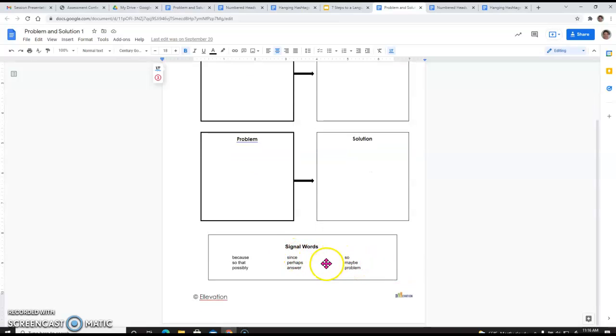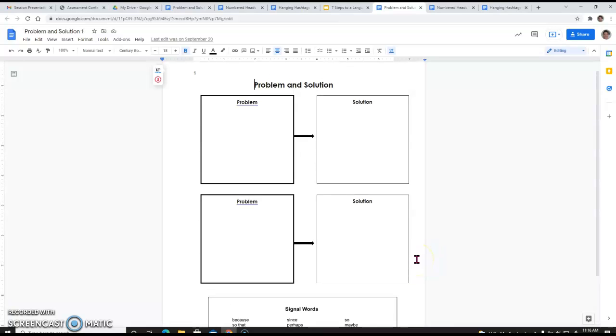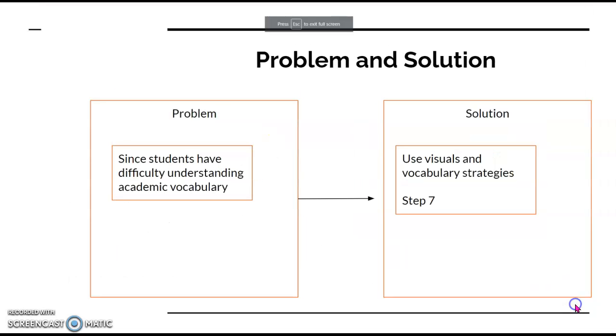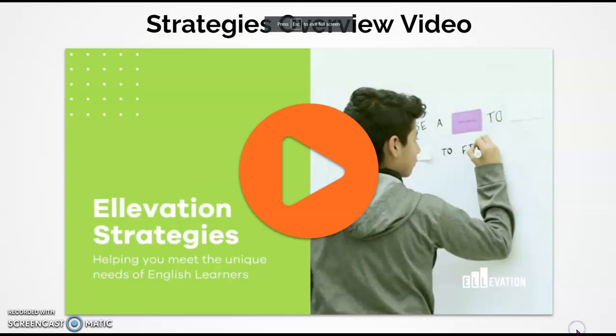And the signal words that you guys can include can be your academic vocabulary words to make sure that they actually use those academic vocabulary words that you want them to learn as well. So now we're gonna jump into the video of strategies.